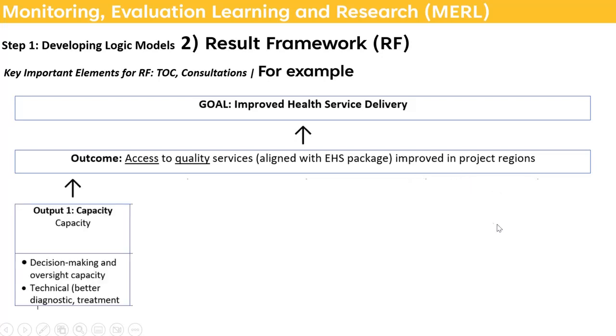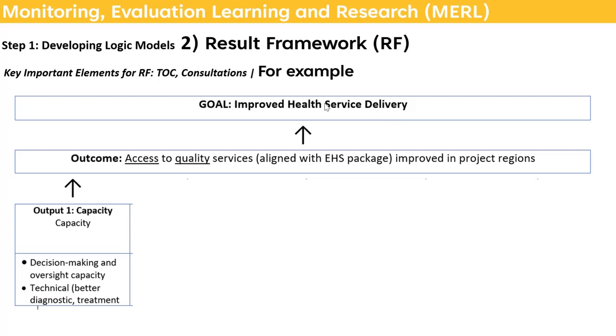Then you will have to decide about the outputs, the different outputs that will contribute to the outcome. So here you can see access and quality, both you have to improve. So you will have to design some outputs related to capacity, because if your goal is to improve health service delivery, you have to focus on all those.